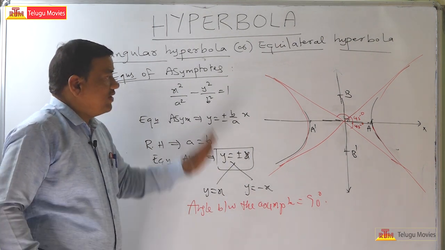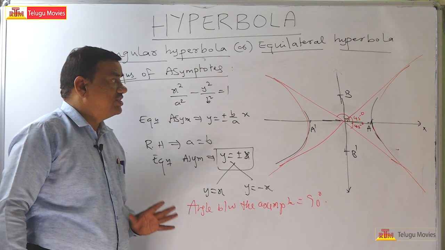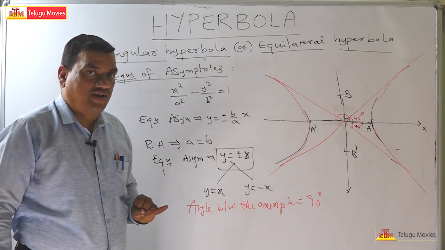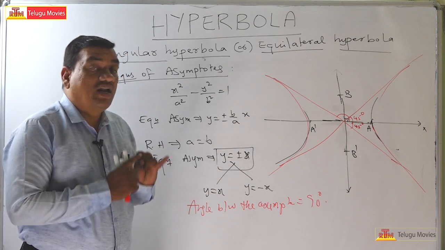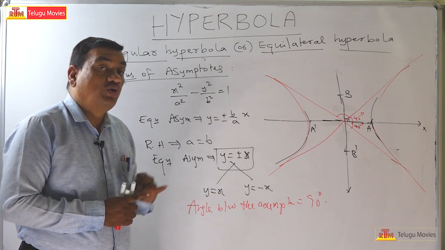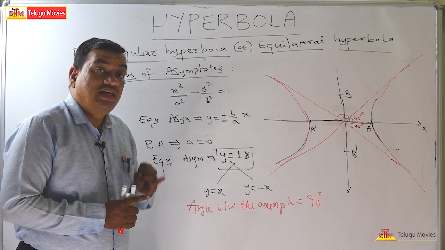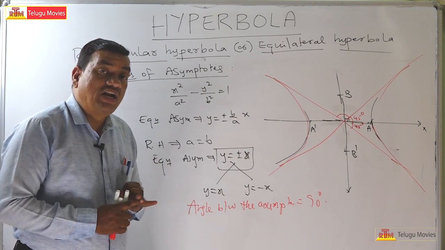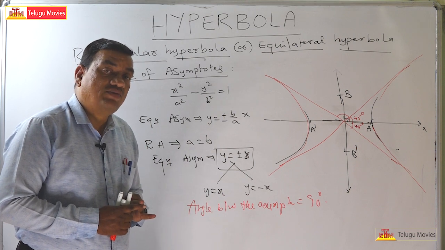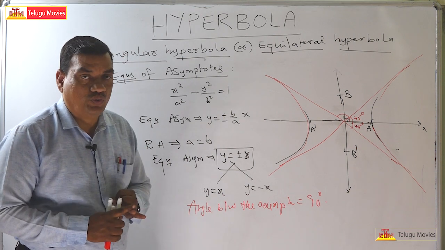Okay, now from this, what is the conclusion? First of all, the definition of rectangular hyperbola. In a hyperbola, if the length of the transverse axis is equal to the length of the conjugate axis, then that hyperbola is called a rectangular hyperbola. Second, the eccentricity of the rectangular hyperbola is root 2.